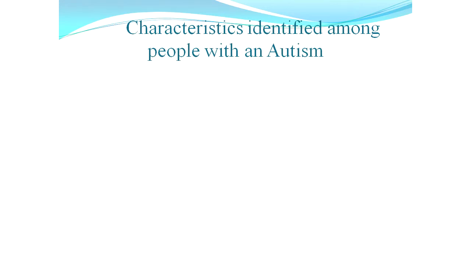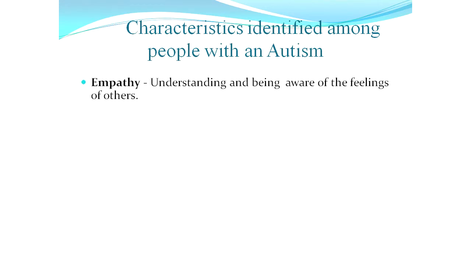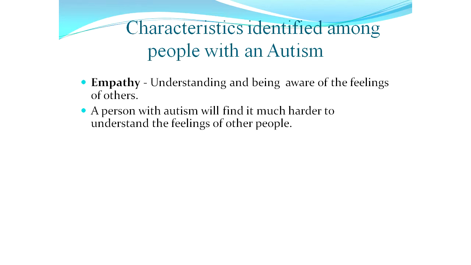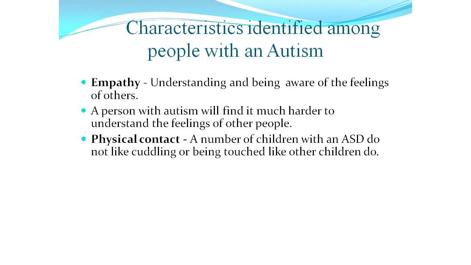Characteristics that identify people with autism: Empathy, understanding and being aware of the feelings of others. A person with autism will find it much harder to understand the feelings of other people. Physical contact. A number of children with ASD do not like to cuddle or be touched like other children do.